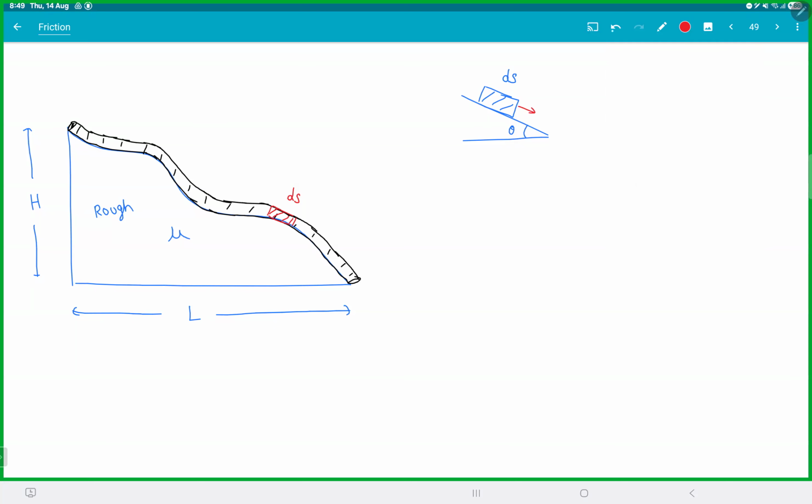If you look at the forces here, this will be dmg sine theta. dm is the mass of that small piece. This would be dmg cos theta, the normal reaction. This will be friction on the small piece, df max.